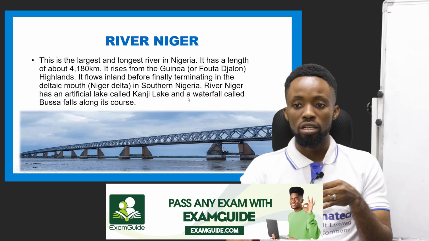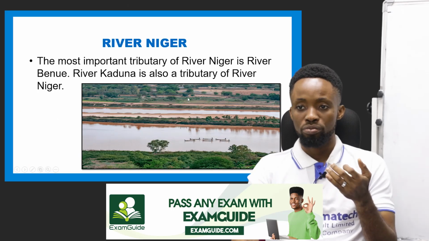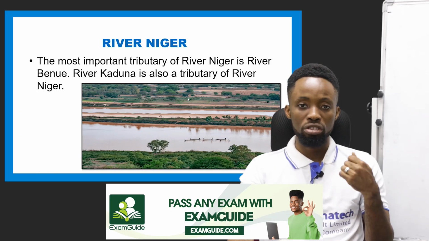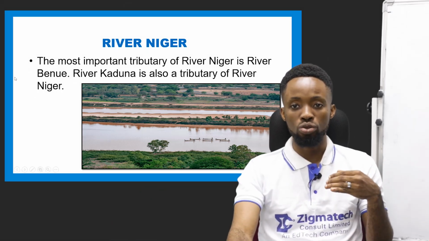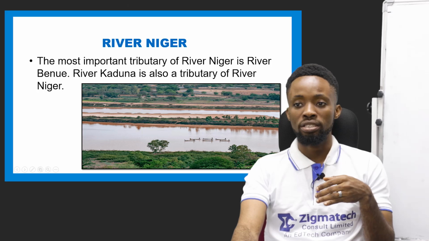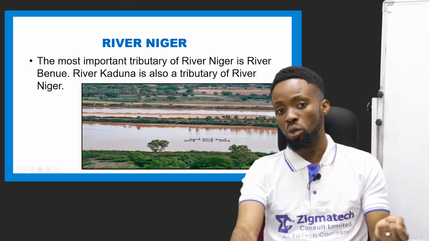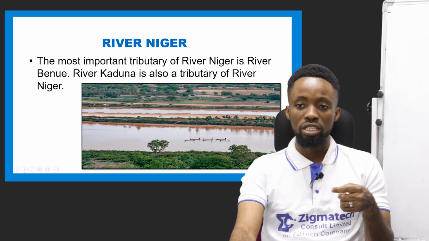So let's look at the tributary. The tributary of River Niger is River Benue, and River Kaduna likewise is also a tributary because it connects to River Niger.